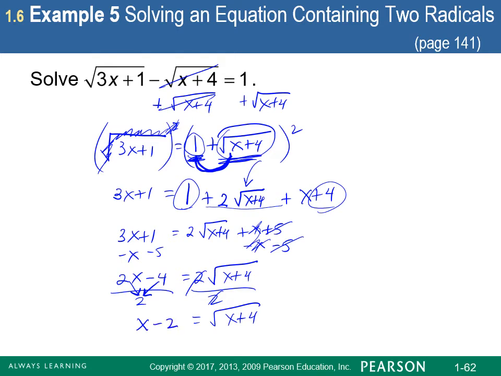When we get the square root by itself, we square both sides again. The x minus 2 squared, we just went through this in the beginning, is x squared minus 2x doubled, and negative 2 times negative 2, which is positive 4. And the square and the square root just wipe each other out.